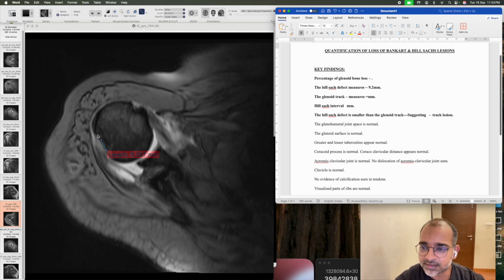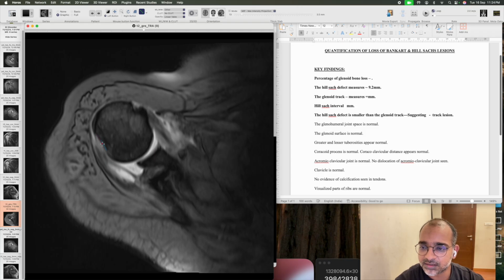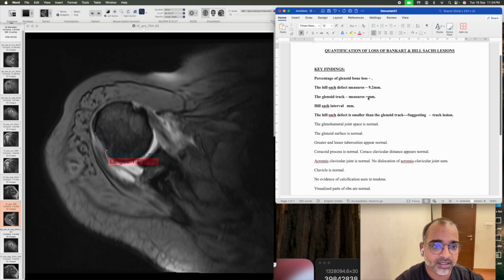My Hill-Sachs interval is this, measuring approximately 16.9 mm.